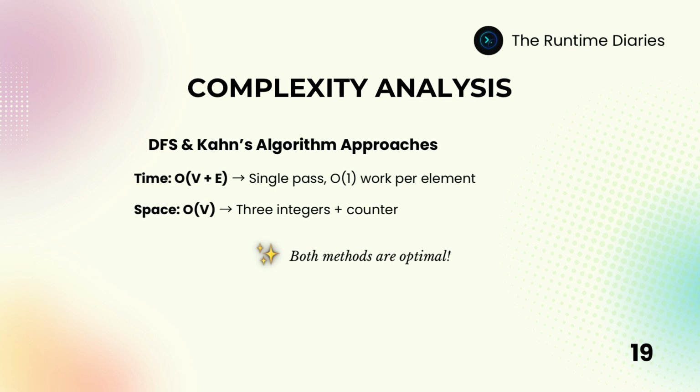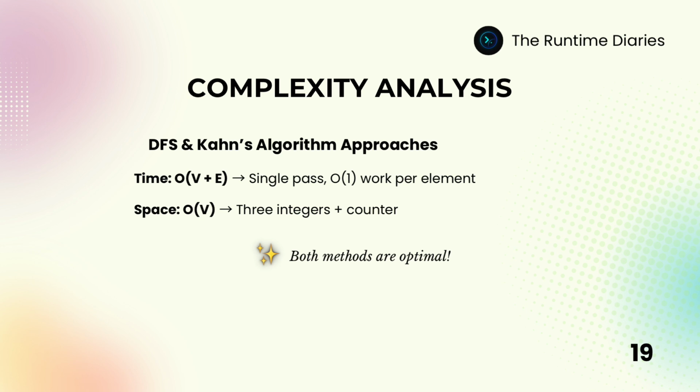Both approaches have the same time and space complexity. The time complexity is O of V plus E, where V is the number of courses and E is the number of prerequisite pairs. We visit each course once and traverse each edge once. The space complexity is O of V. We need storage for the graph structure, plus tracking state for each node.